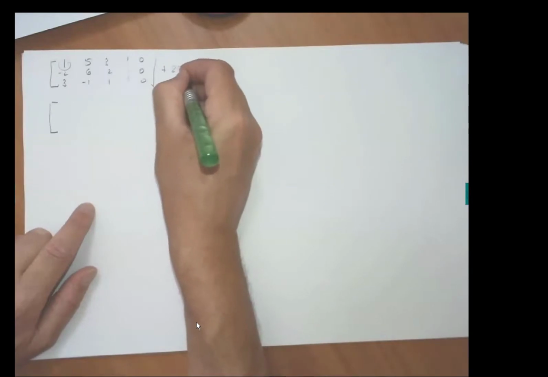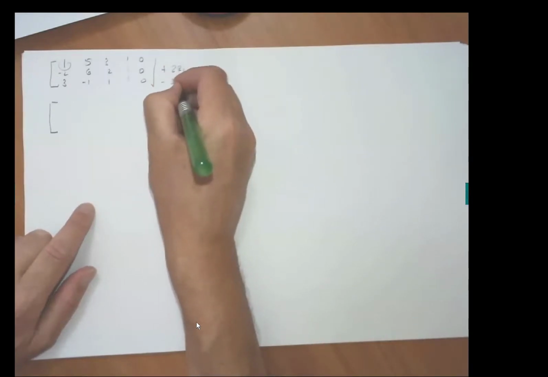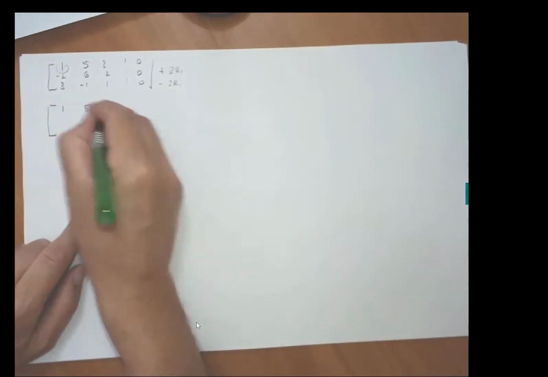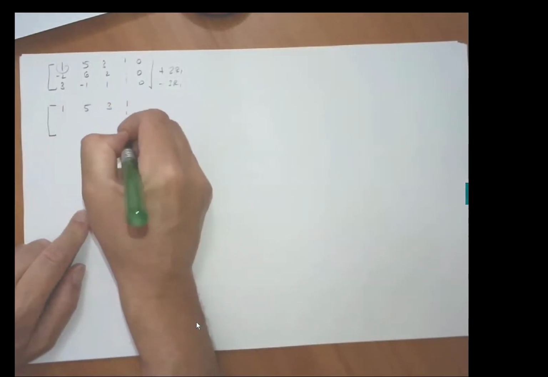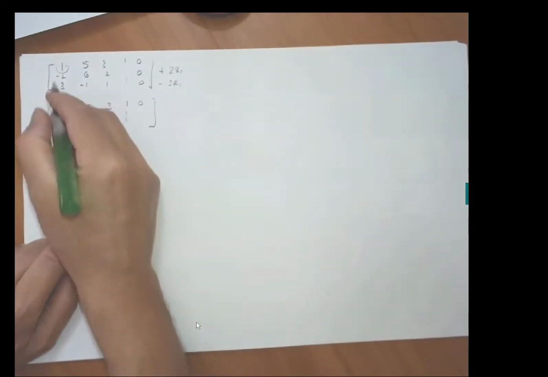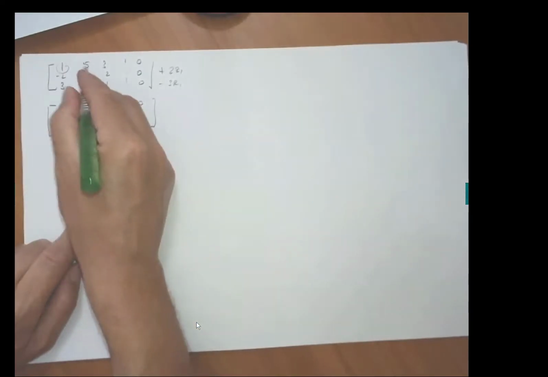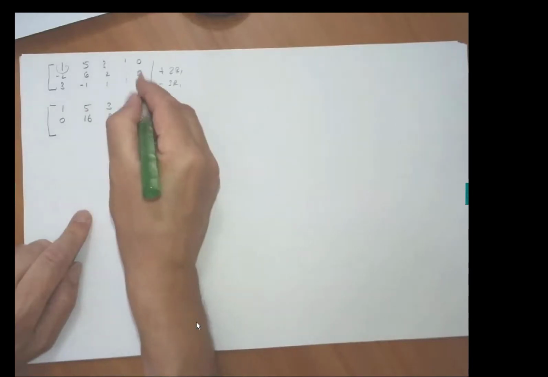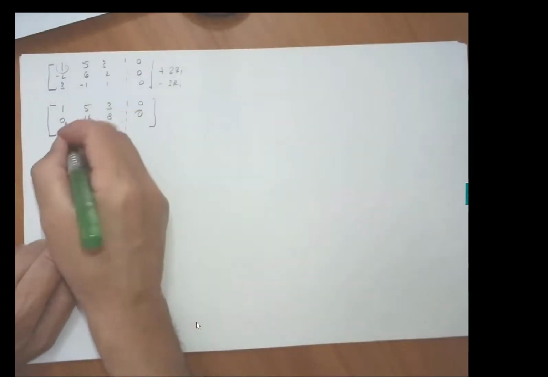Plus 2 times row 1, minus 3 times row 1. So we get 1, 5, 3, 0. This plus 2 times this, in each entry. So the right side actually never changes.